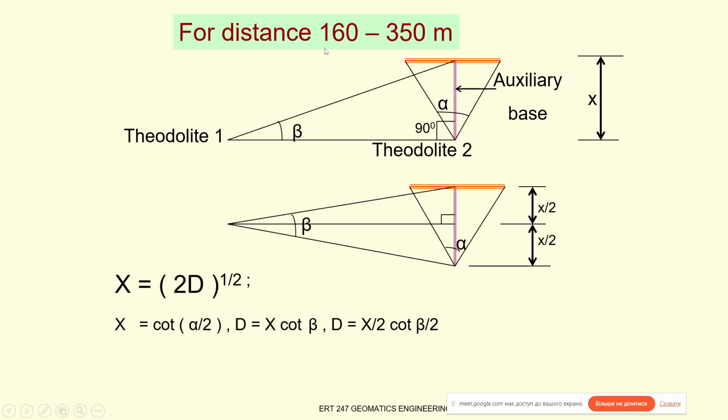Well, for distances from 160 meters to 350 meters, we can measure the auxiliary distance between, and we use two theodolites. Theodolite 1 measures the beta angle and theodolite 2 measures the auxiliary baseline, which is perpendicular to the main line.